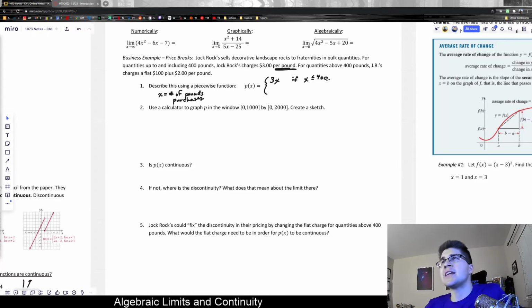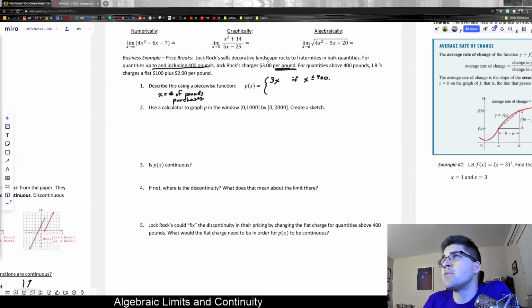So again, we get a sense for the boundaries of our piecewise function, or the domain for each piece. The first piece was only up to and including 400 pounds. We would need to know that in order to write the function. So those are the components: the formula for calculating the price they pay, and the mathematical relationship involved.